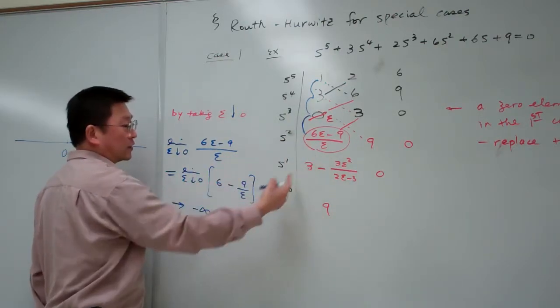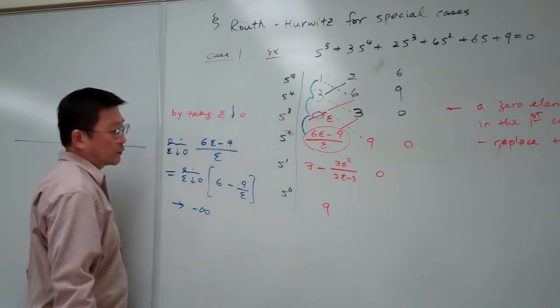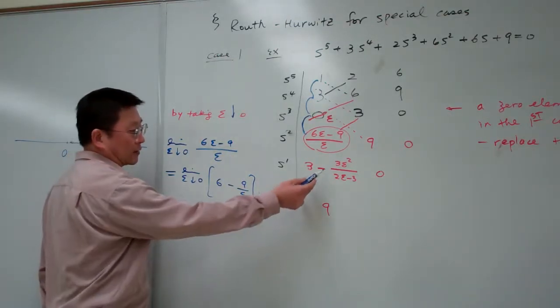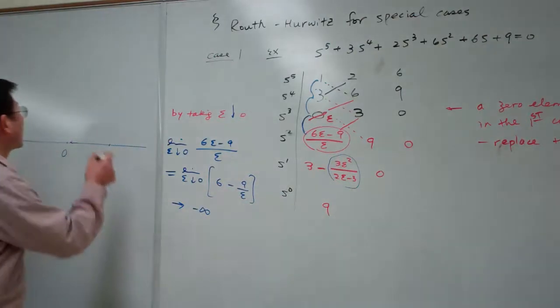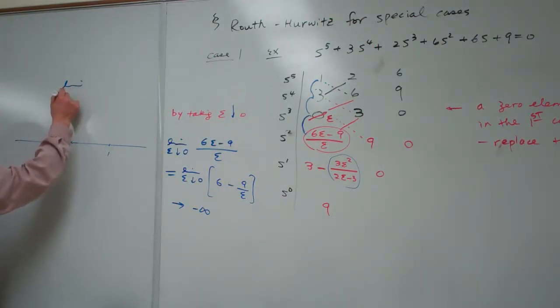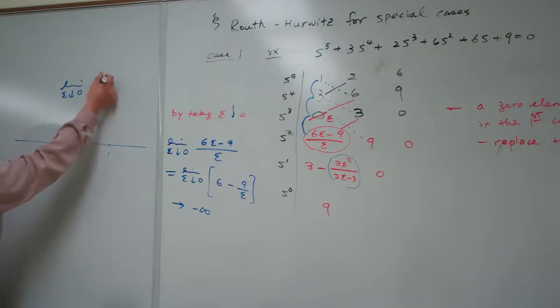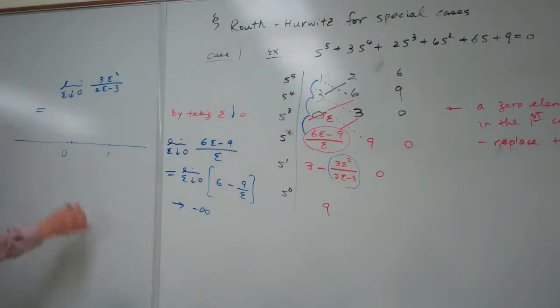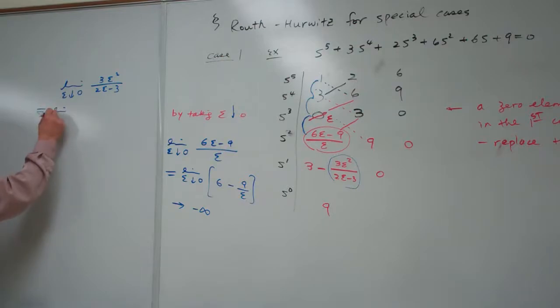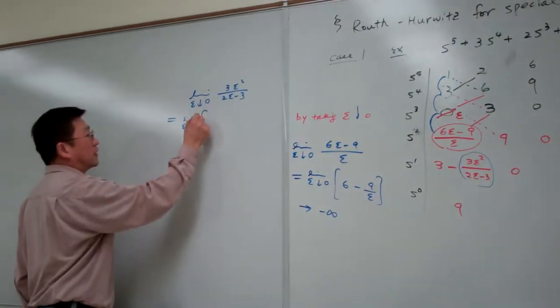And from here to here, now what are these numbers? And again, what is this one? The limit as epsilon approaches 0 of 3 epsilon squared and 2 epsilon minus 3. Again, we can try, basically this is the limit as epsilon approaches 0, and two terms.